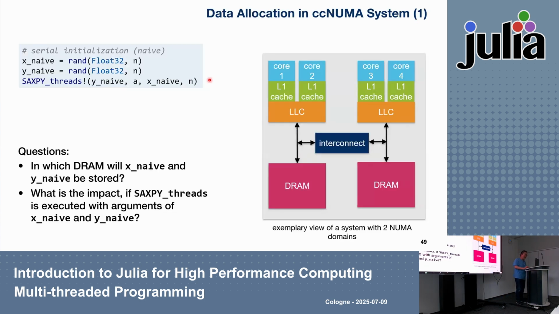In order to have the best performance, a software developer needs to write their code to match the hardware in a good way. Here, if one uses Julia to create the vectors in a naive manner, for example, just create those vectors by using random to generate x and y and then launch this function, from a software perspective, it's completely right.